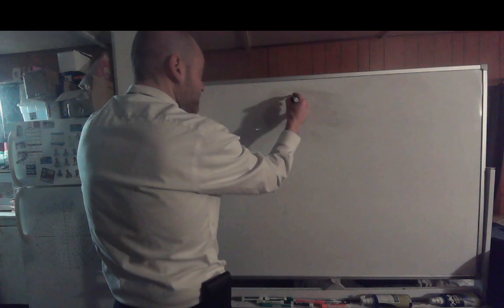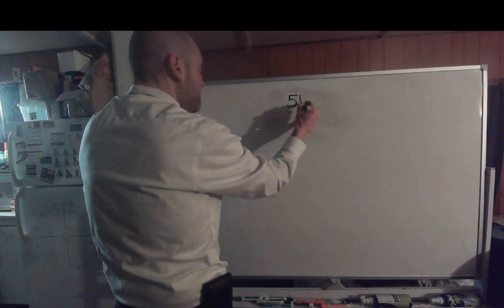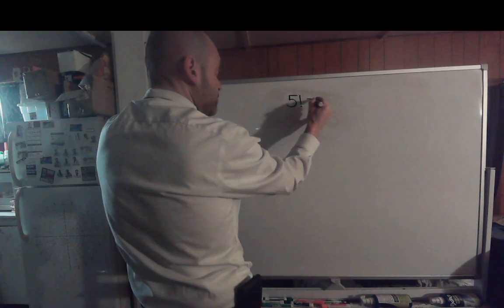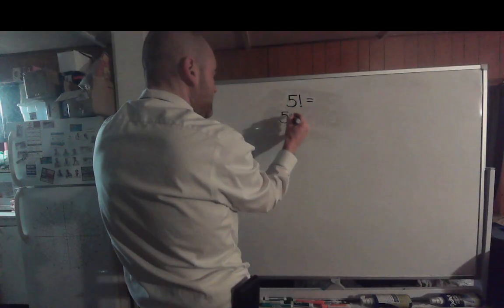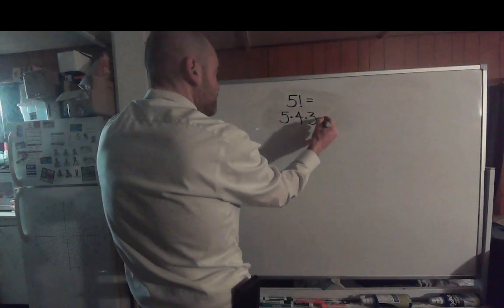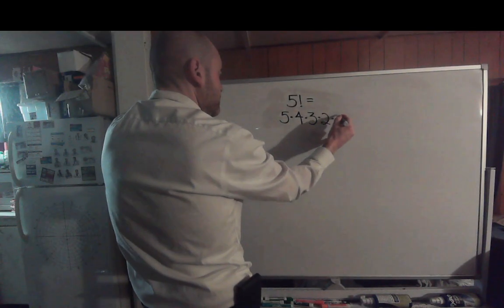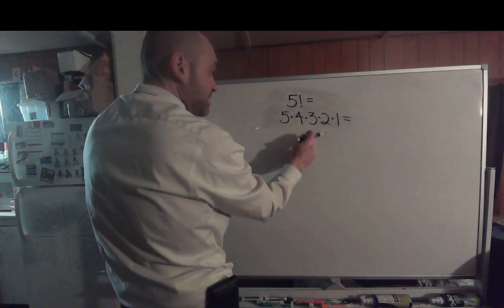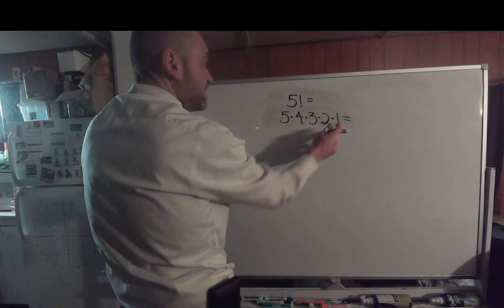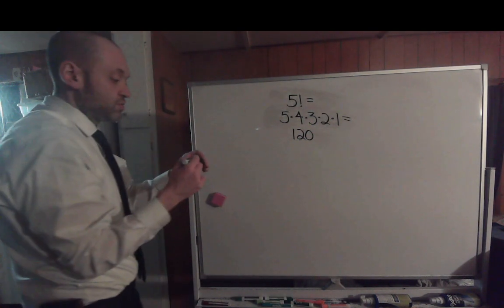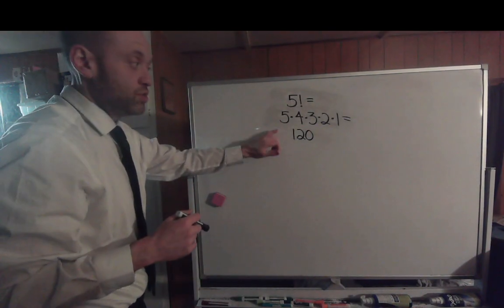Alright, now, last one of these, let's say I have 5 factorial. That's the same as 5 times 4 times 3 times 2 times 1. So that's 20 times 3 is 60 times 2 is 120 times 1, that's 120. So 5 factorial would actually equal 120.